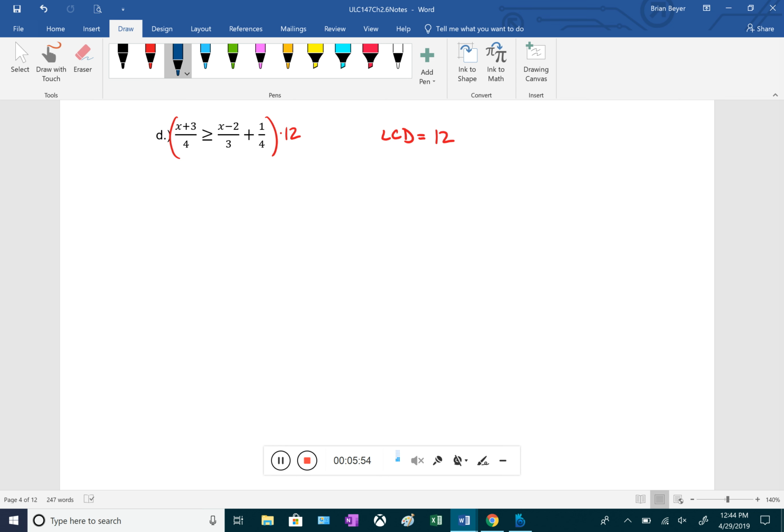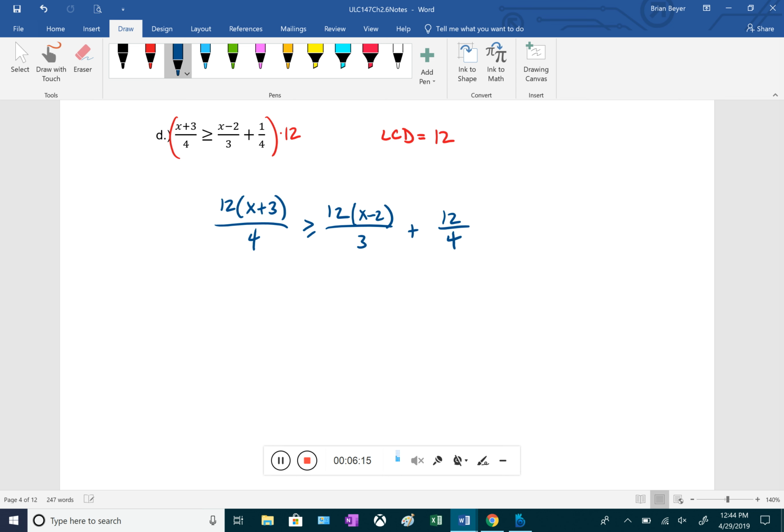And that's going to end up being, for multiplying the left-hand side by 12, 12 times (x + 3)/4 greater than or equal to 12 times (x - 2)/3 + 12/4.